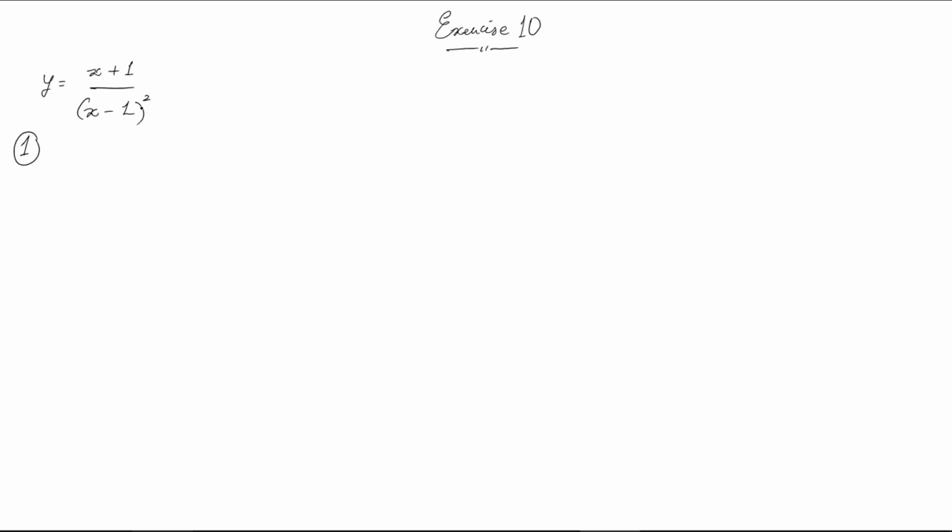So (x minus 1) squared, let it equal to 0, then you will get that x equals 1 may be the potential candidate for the vertical asymptote. So writing it like this, the limit as x approaches 1 from the left of y is equal to, again for this one you just simply need to use your calculator, and then you get a very big positive value.